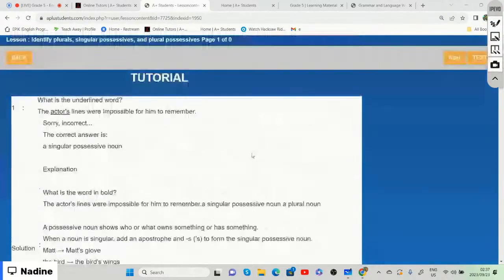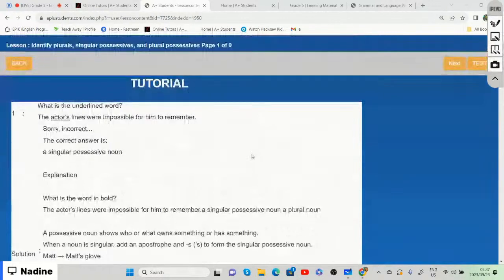All right, so now we're going to say what is underlined. It says the actor's lines were important for him to remember. So the word actor's, they're asking what is the underlined word? Is it just singular? Is it plural? Is it singular possessive or plural possessive? The actor's lines were important for him to remember.